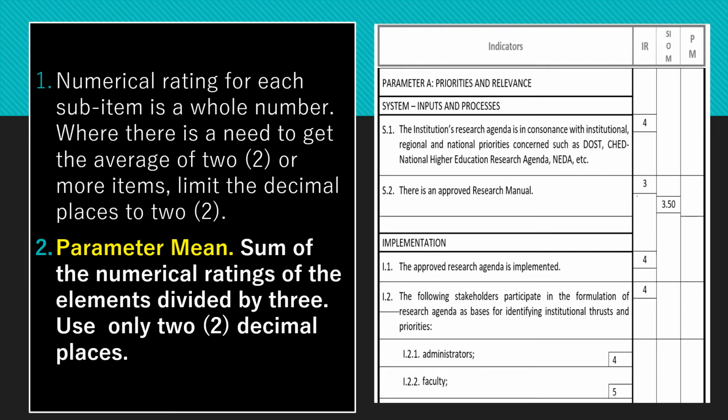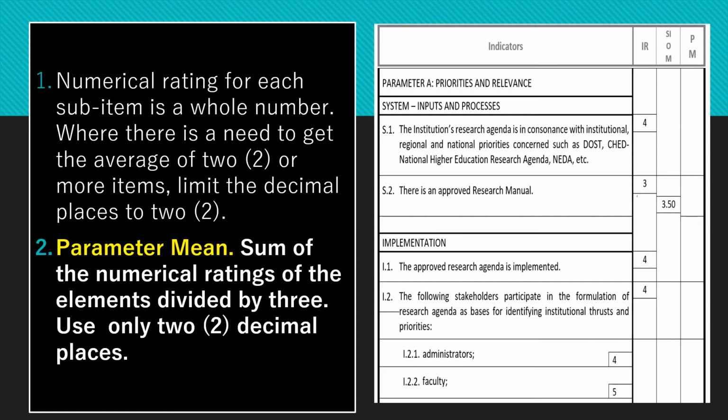Okay, let us remember the following in the rating system. Numerical rating for each sub-item is a whole number, where there is a need to get the average of 2 or more items.